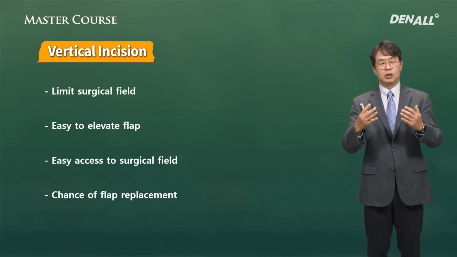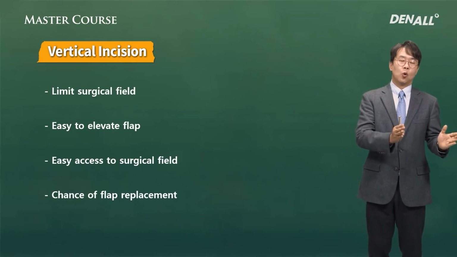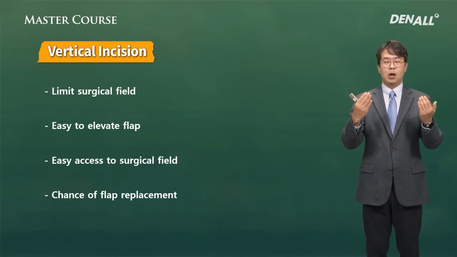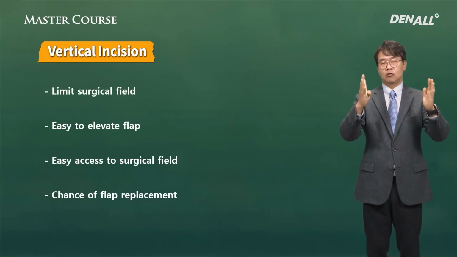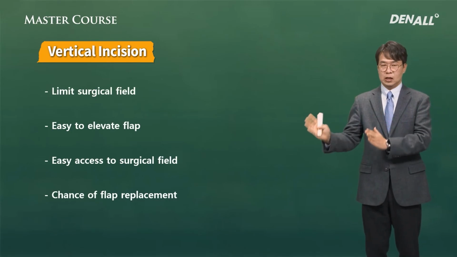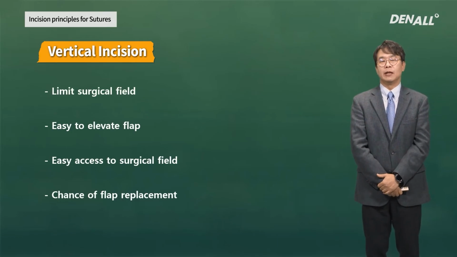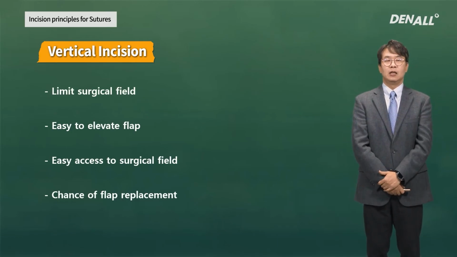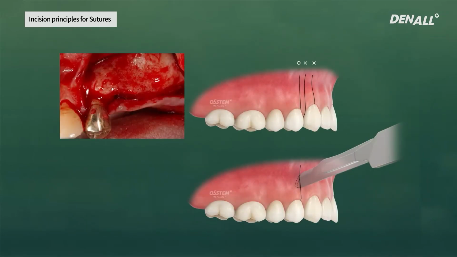So when you check the surgical field, this can help. But with a more advanced approach, when you position the flap upward or downward, there are better procedures that can be used, but without that, this vertical incision can help limit the surgical field.